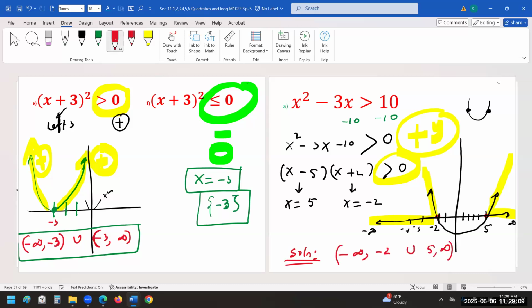Infinity always gets parentheses. And for negative 2 and 5, do you use bracket or parentheses? Parentheses, with no equal sign. Equal sign means bracket. Otherwise, it's parentheses.